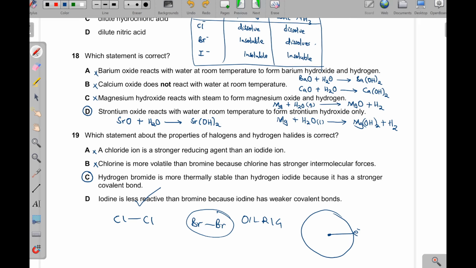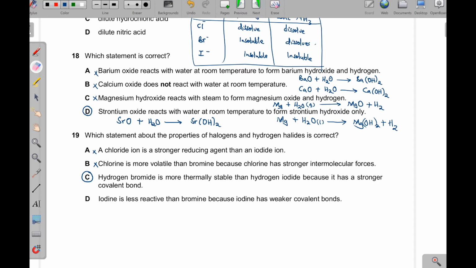The electron. You see that? But it has weaker what? Nuclear attraction for the incoming electron due to increased shielding. You see? So that is the reason. This one is correct, but the reason is wrong. So our answer has to be that C there.